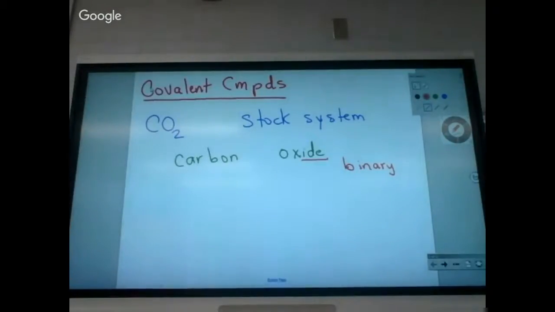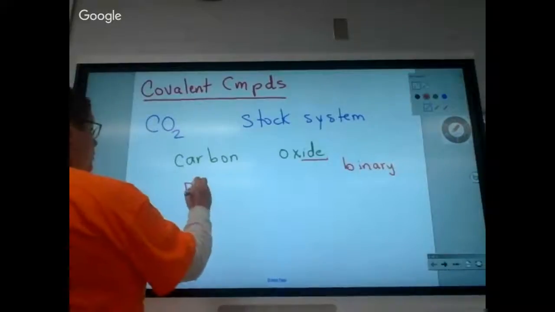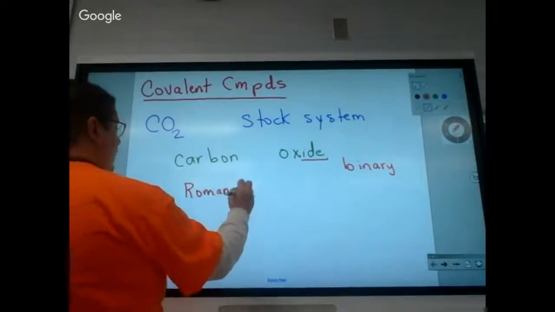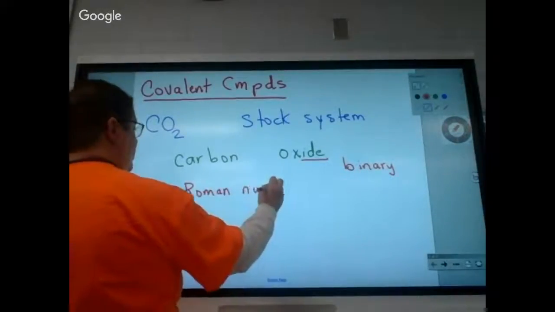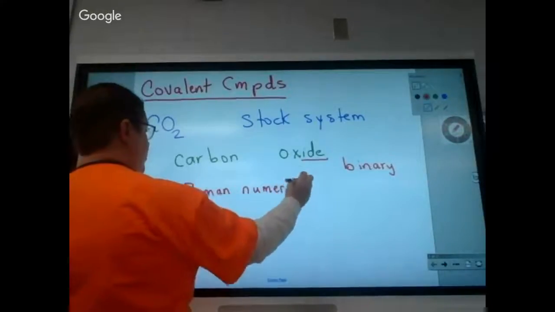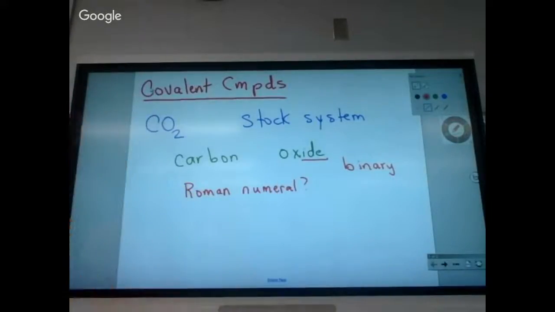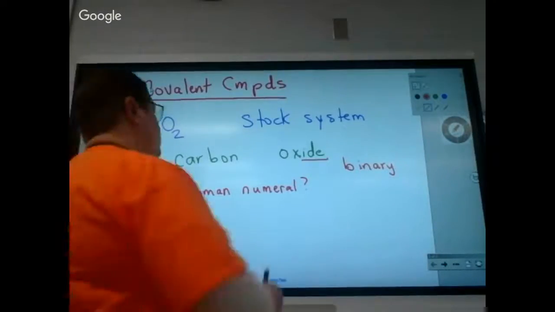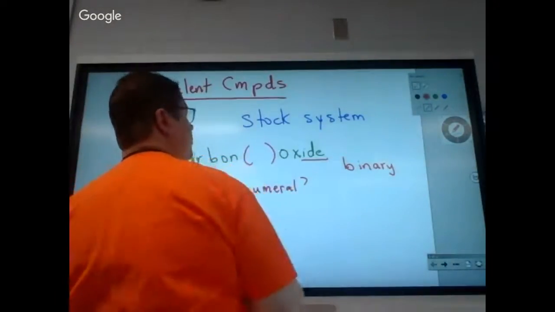Okay. Now, the second thing we would check is, do we need a Roman number? Or for Annabelle, since she seems to be all kinds of upset that I wrote number and not numeral, do we need a Roman numeral? Yes. Okay, if you look up carbon, it has multiple numbers. So the answer is yes, we're going to need a Roman numeral.